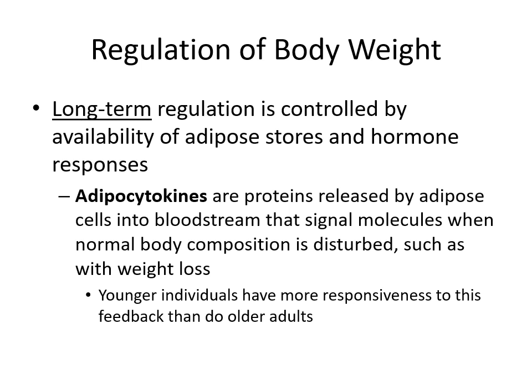Long-term regulation is controlled by the availability of adipose stores and hormone responses. We have adipocytokines, which are proteins released by adipose cells into the bloodstream that signal molecules when normal body composition is disturbed, such as with weight loss. Younger individuals have more responsiveness to this feedback than do older adults.